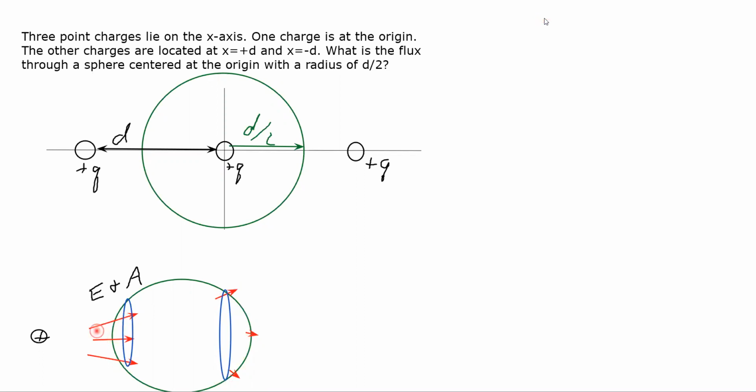Negative flux with a large electric field, small area. Positive flux with a large area, small electric field.